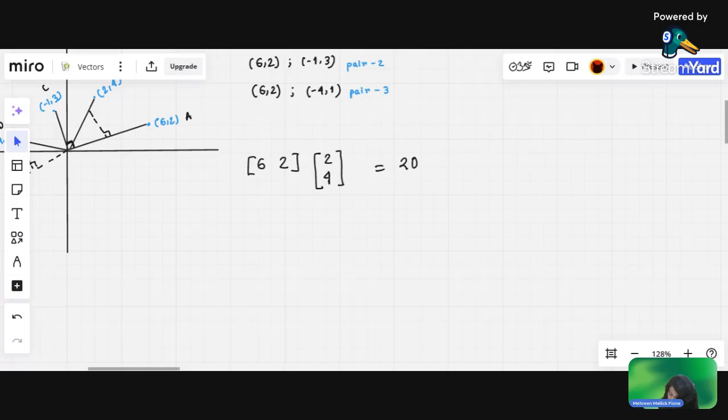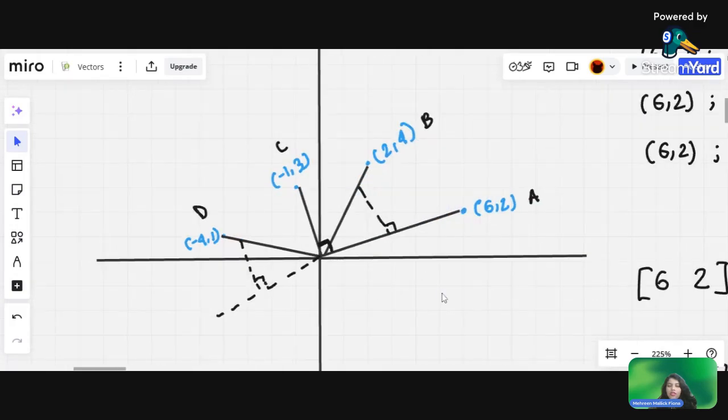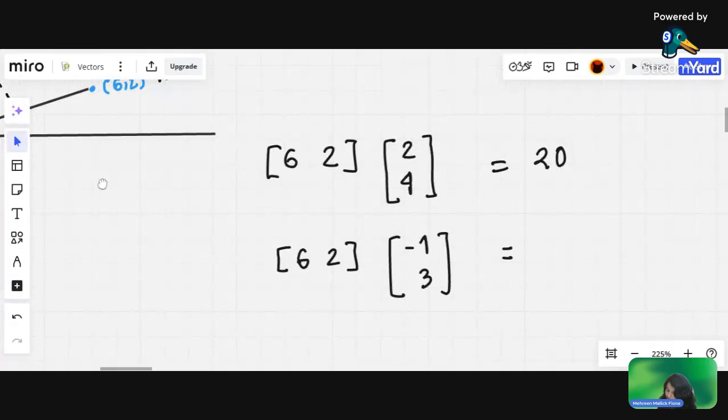Similarly, if we do the matrix multiplication, 6 times minus 1, we can already guess it would be something negative, because here is negative 1. But if you focus on the angle between them, which is a right angle, we can take a shortcut here and directly write 0, because the angle between them is a right angle.